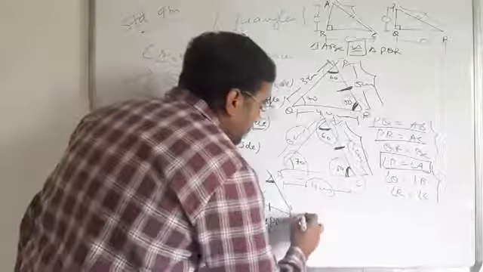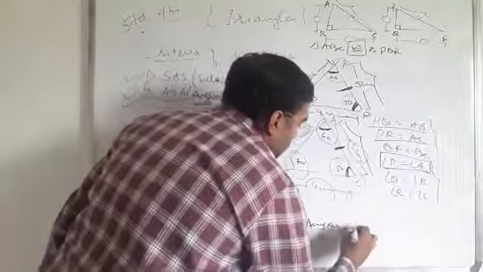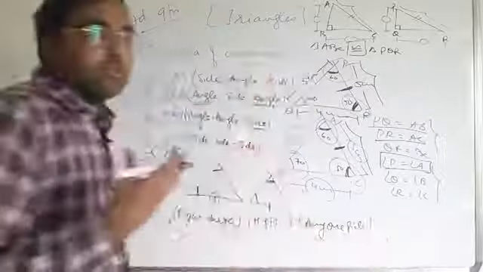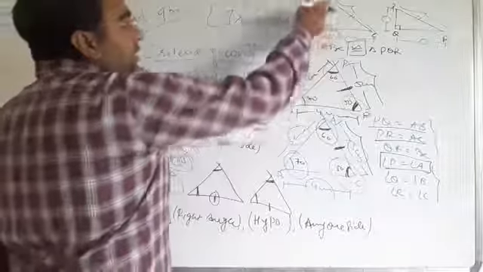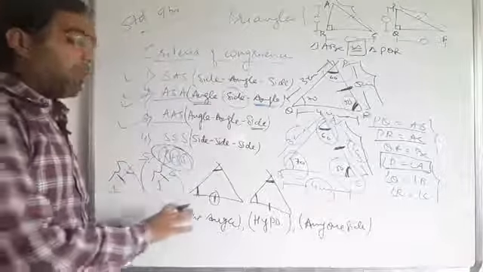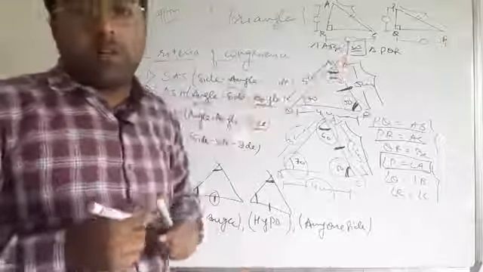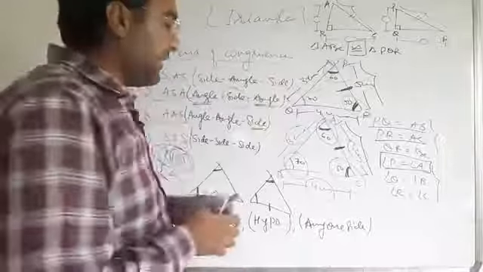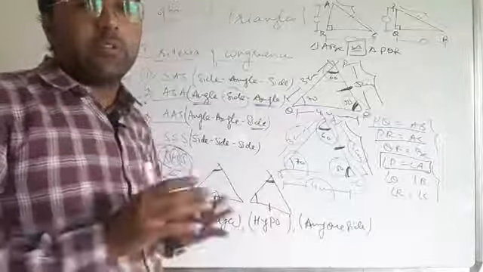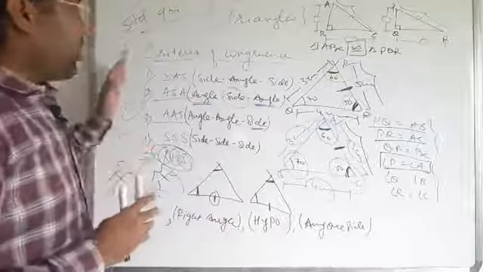And the third is any one remaining side. The remaining sides are AB and BC, and PQ and QR. Any one of the remaining sides except the hypotenuse must be equal. So this is the criteria of congruency.